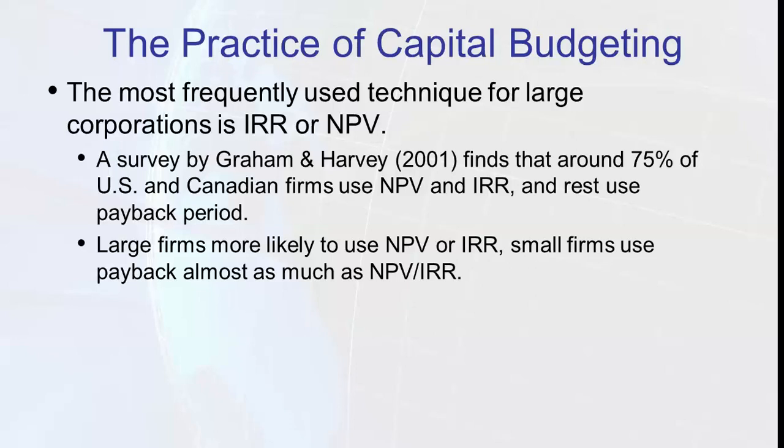Large firms are more likely to use net present value or internal rate of return, and small firms use payback period almost as much as NPV and internal rate of return.